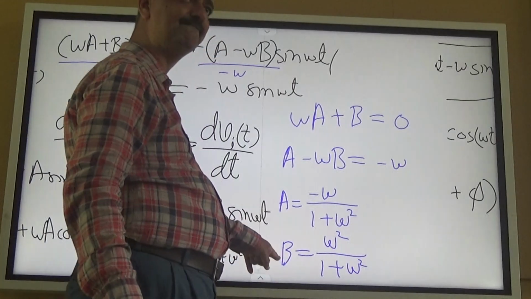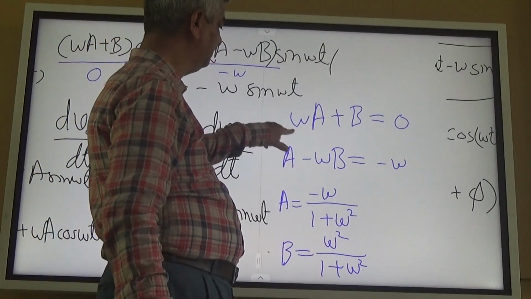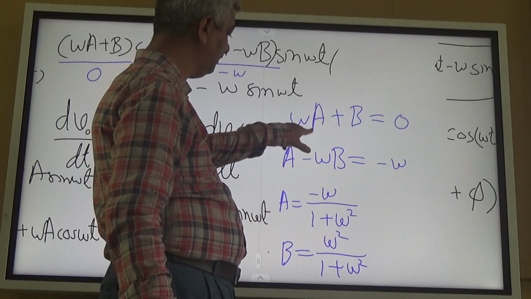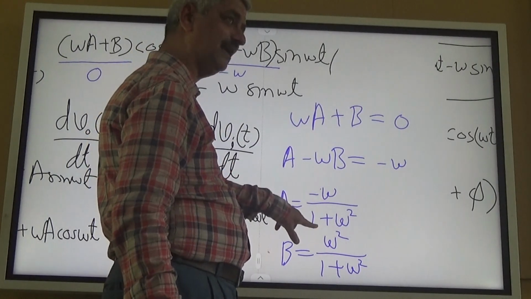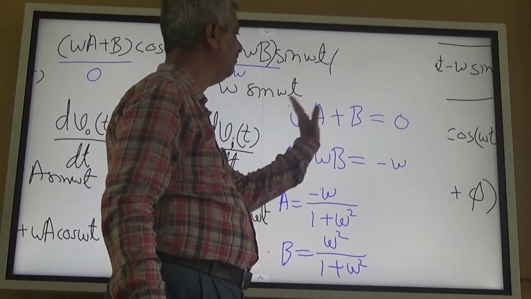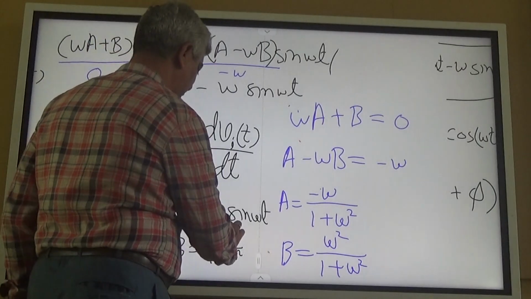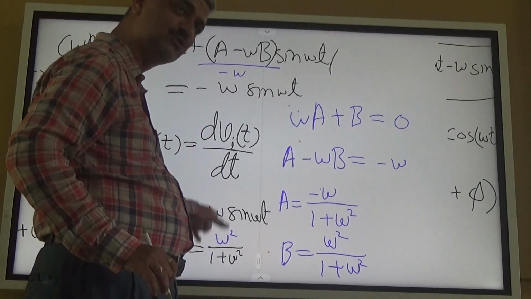Is it okay? Correct? Put A here: omega into minus omega upon plus omega square, that is omega square upon plus minus omega square upon plus omega square. B goes on the other side. So B is omega square upon 1 plus omega square.